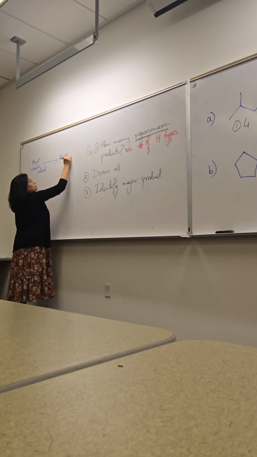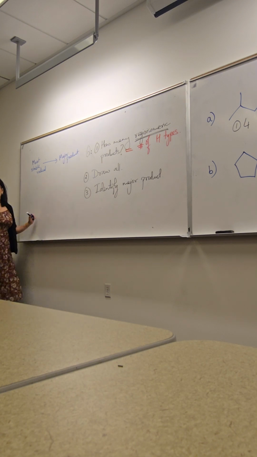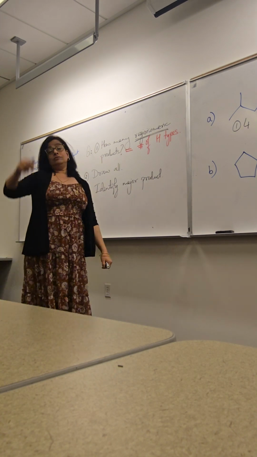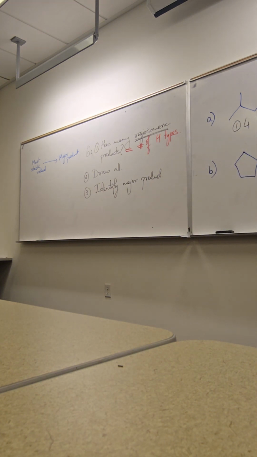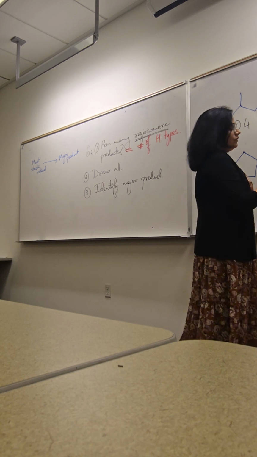That's the regioselectivity for this reaction. Do you also have the order of stability in front of you? Methyl radical is less stable than primary radical, less stable than secondary. We wrote this on Monday. Let's write it again. So, order of stability of radicals.